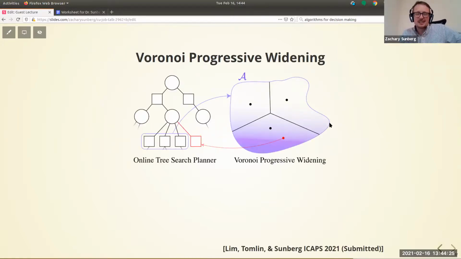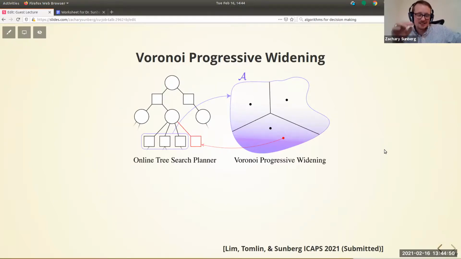The most promising thing that we're working on right now is called Voronoi progressive widening, where you gradually add more action branches to your tree, and you sample these in a way that's more likely to put them in the Voronoi cell of the best performing previous action.